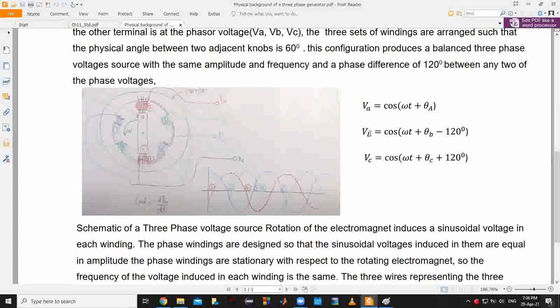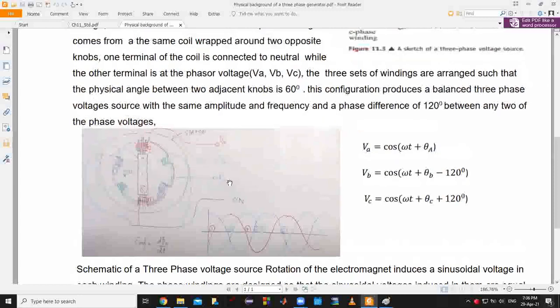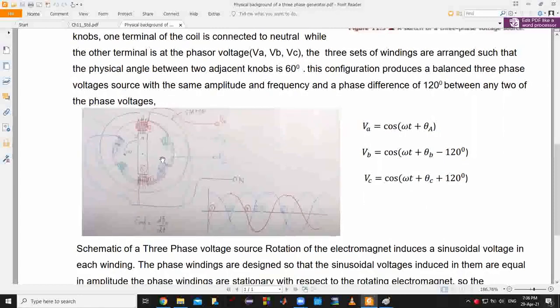So VB has a phase difference of 120 with respect to VA, and VC has a phase difference of 120 with respect to VB and VA. So that is just what it means to be balanced. And this is a magnet. So after putting up the system, it forms the balanced three-phase system.